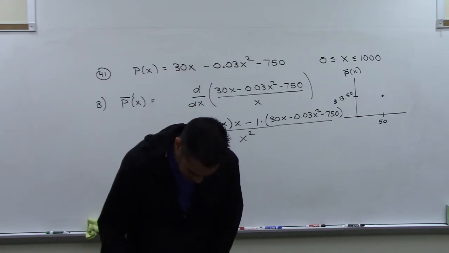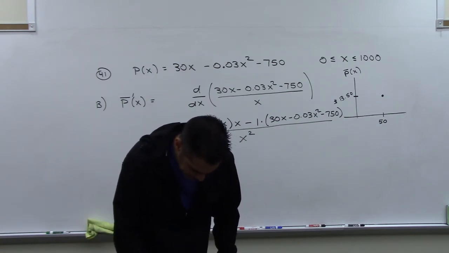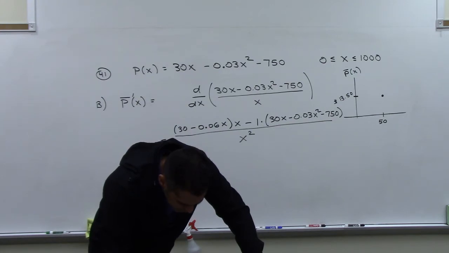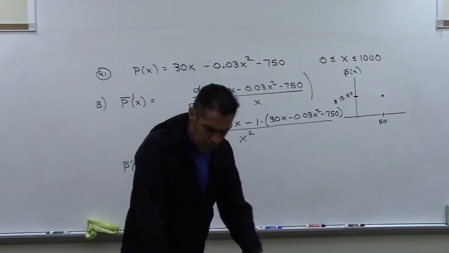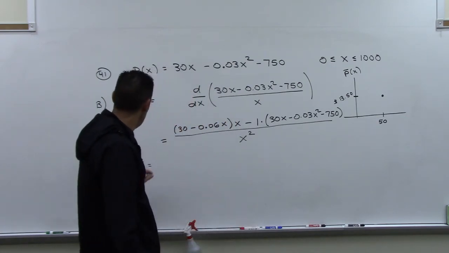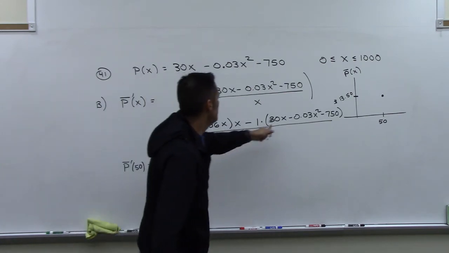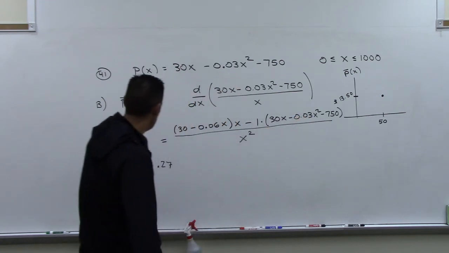So that was number 41. You should come up with 0.27. Okay, so plugging in 50 here, you should get 0.27.